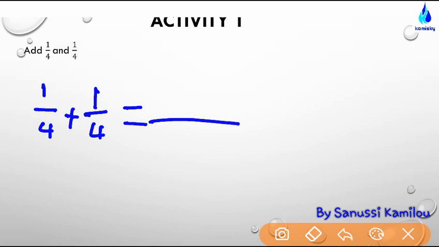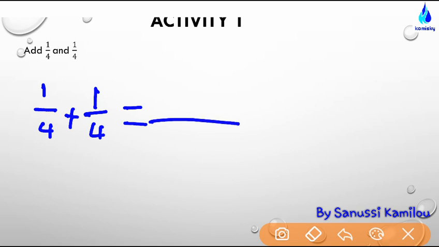So my solution will be 1/4, okay, plus 1/4. The denominators are the same.